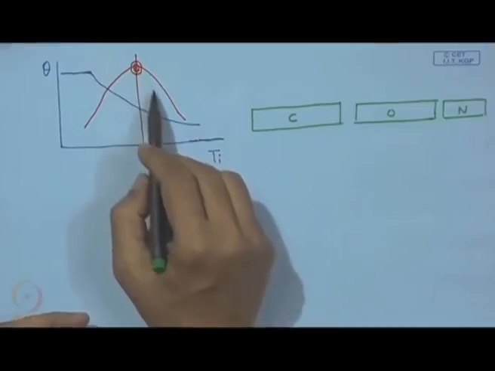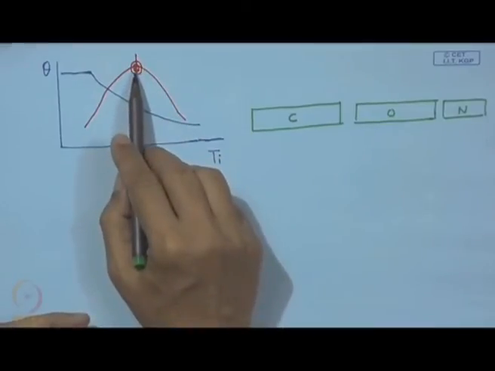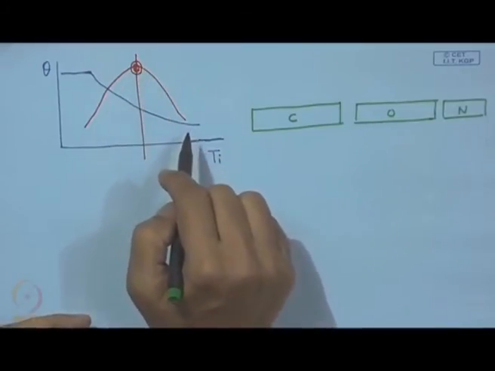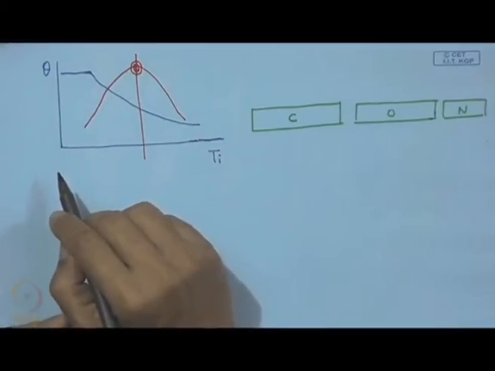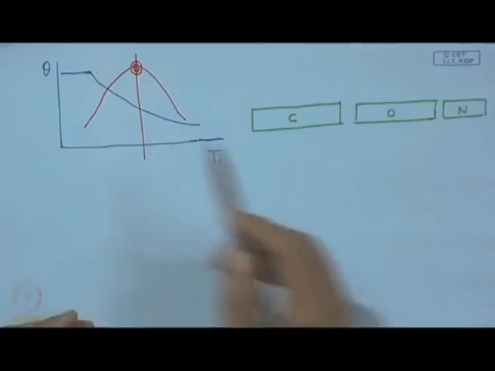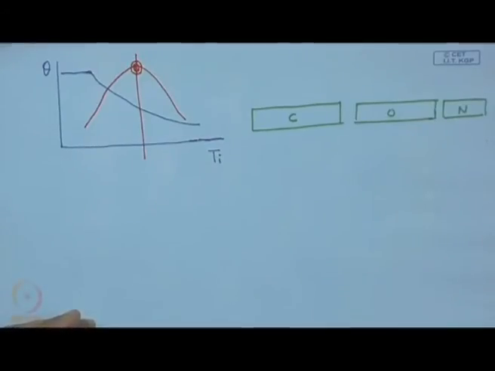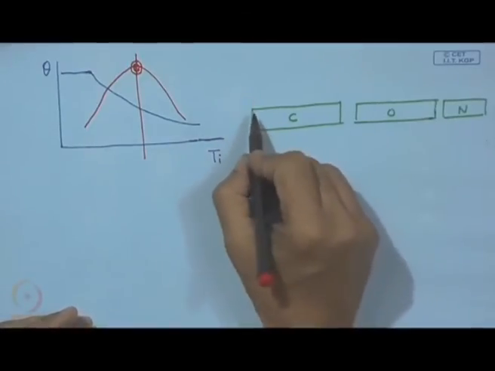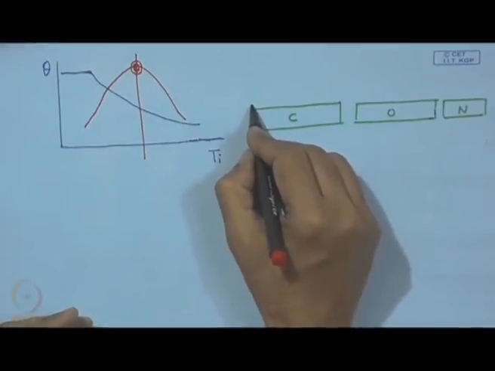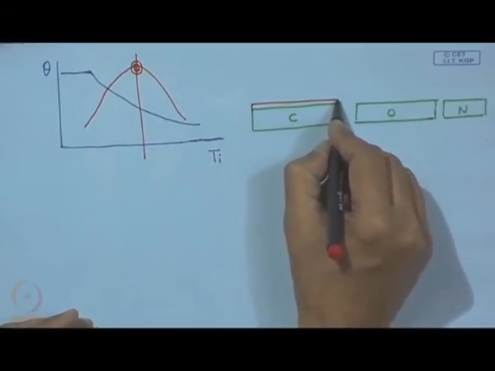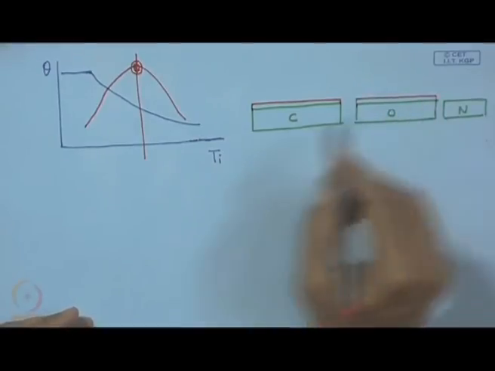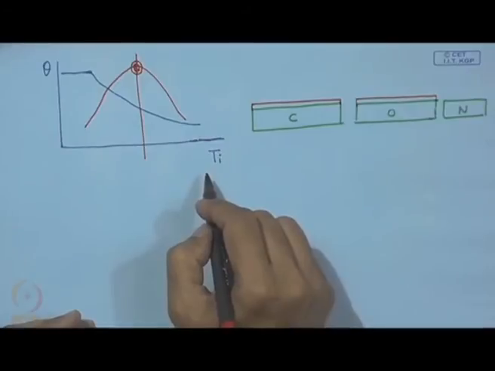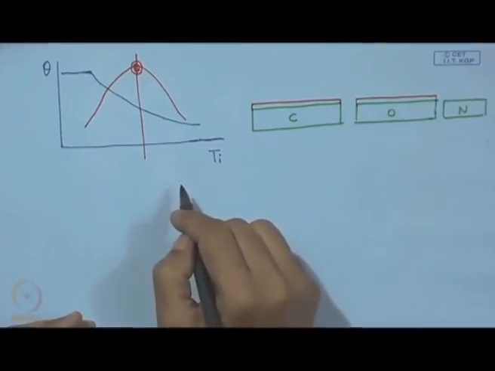However, after a certain point we see that this bond strength is falling. Now, this bond strength is falling because of the vigorous reaction. Vigorous reaction means here, instead of a fine layer, it is the thickening of the reaction layer, and this thickening goes along with the amount of titanium.